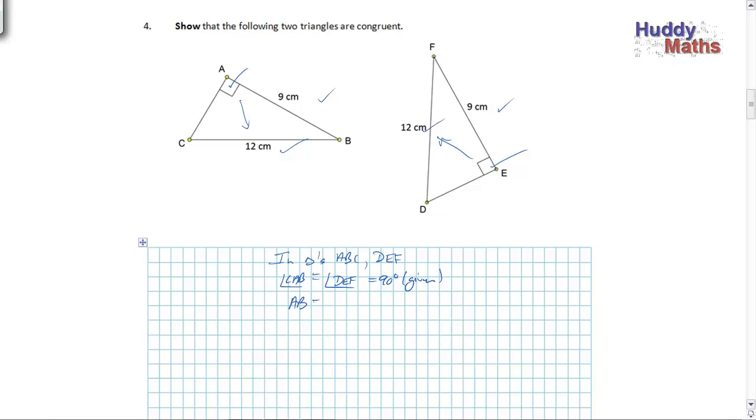AB equals EF equals 9, and that was given, and also BC equals DF equals 12, and that was given. Therefore, triangle ABC is congruent to triangle EFD in order. The order must be correct, and right angle triangles hypotenuse equal and one other side.